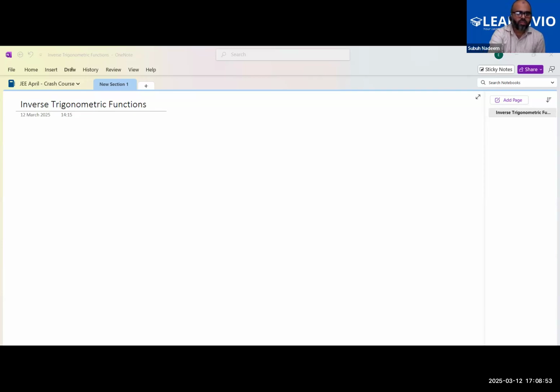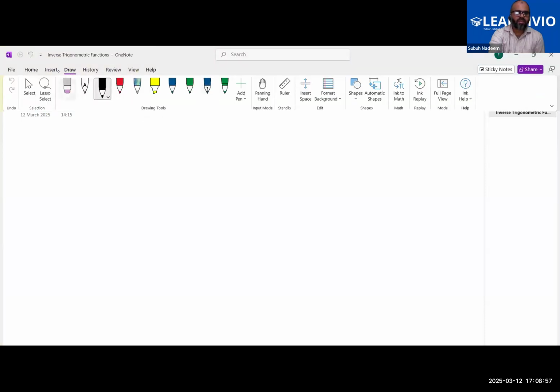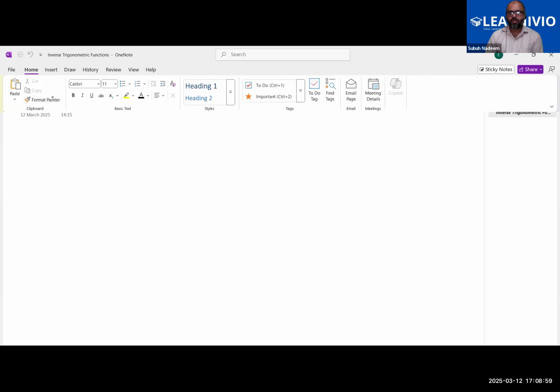If I talk about inverse trigonometric functions, in this chapter there are many formulas, but the basic concept should be clear: there is a concept of principal value.